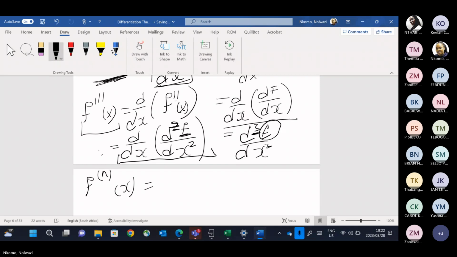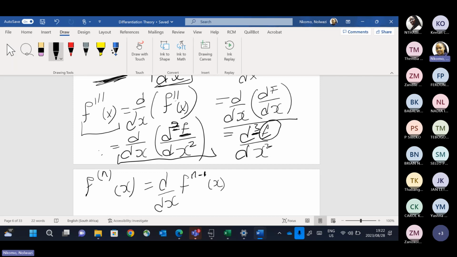This means the nth order derivative is the derivative of f to the power n minus 1 at x, right? And n can be any number greater than 1. Okay, because we said the higher order derivative starts from 2 until n. It can be 2, 3, 4, etc.